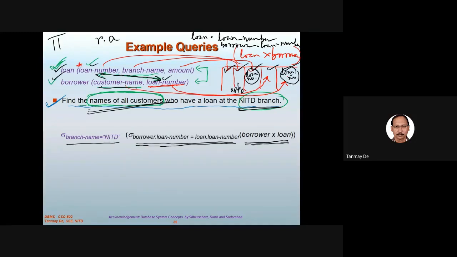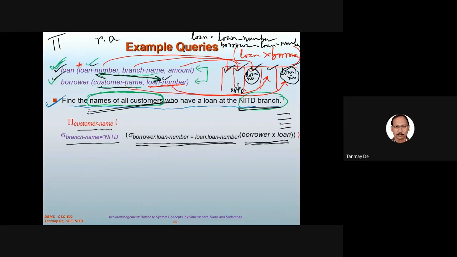That consists of what? The loan number, customer name, branch name, amount, where the branch name is NIT Durgapur. Now from that we can get only the customer name. So the result is only the list of customer names. Which customer names? Those customers having a loan at the NIT Durgapur branch. Okay. So any questions?